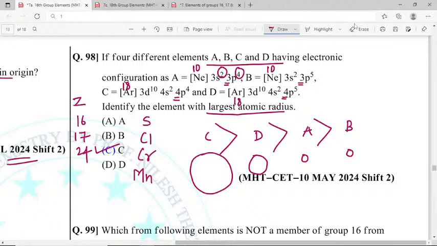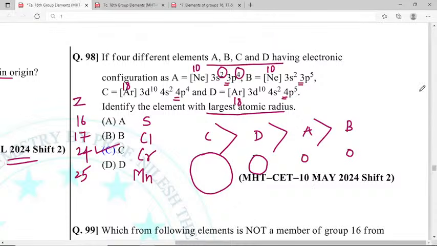Next, 18 plus 2 is 20, 25, so this is manganese. Okay, get it? To find out the atomic number if the electronic configuration is given, just count the number of electrons.